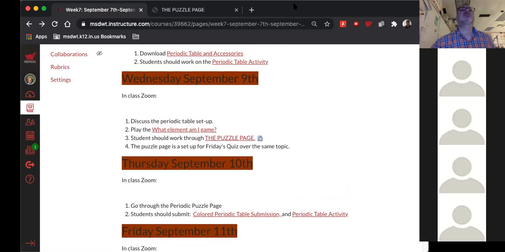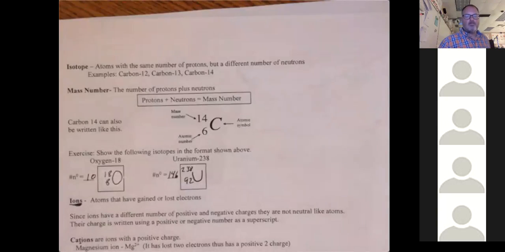So without further ado, let's take a look at what it looks like to check out the periodic table of elements. To do that, I've got two things. One, I've got a periodic table of elements. And two, I've got the last page of our note guide.